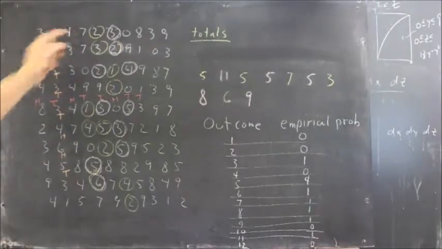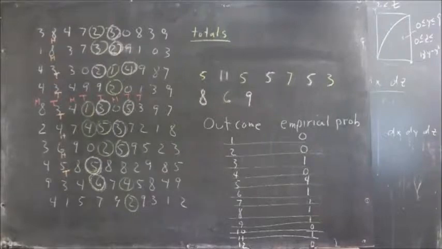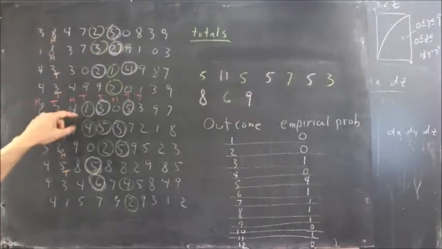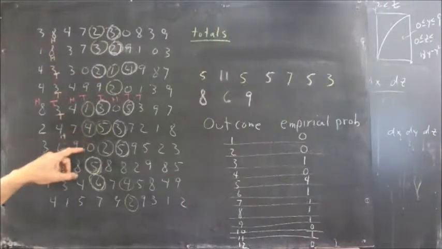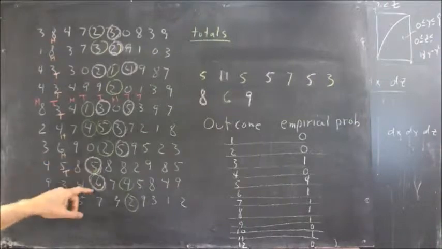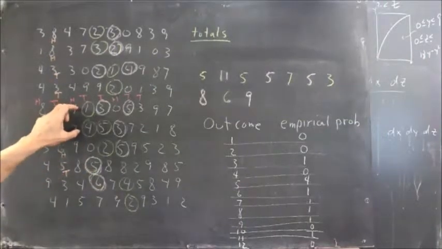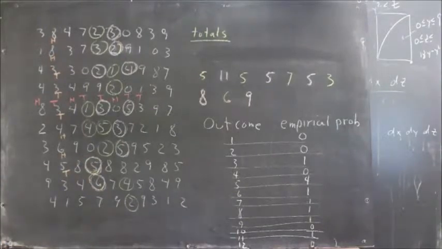So the first column, we have 7, 7, 0, 9. None of those are numbers that appear on a die. But then we have a 1 and a 4, which I've circled in green. We can't get a 0, so we skip that. Then we have a 5 and a 6, circled in a combination of yellow and purple.